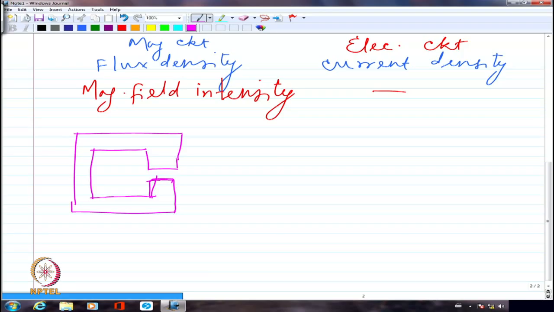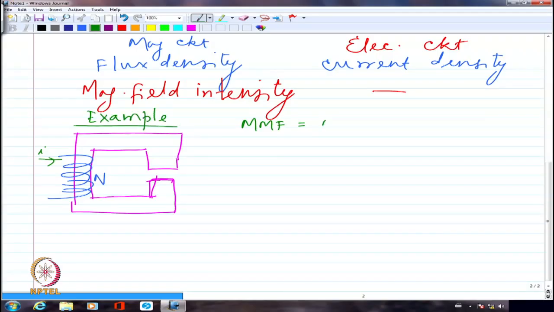Let's say I'm going to have some coil wound around here. Let us say it has N turns, and an electric current I flowing through this. So we are considering an example. In this, MMF will be N times I.